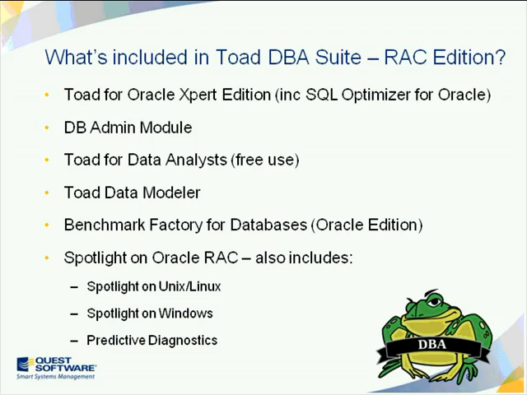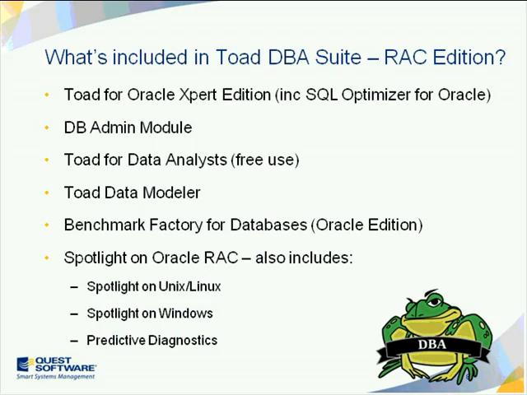This is relatively new. On the 3rd of December, we did an upgrade of Toad 10 to 10.1. And we upgraded Spotlight on Oracle to include these other pieces as part of that. So this is seat-based licensing, of course, and includes Spotlight on Unix, Linux, Spotlight on Windows, and predictive diagnostics. These other Spotlights allow you to correlate what's happening on your database or your RAC configuration with what's actually happening on the server itself with the operating system.